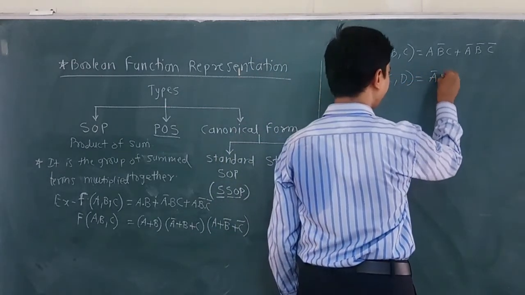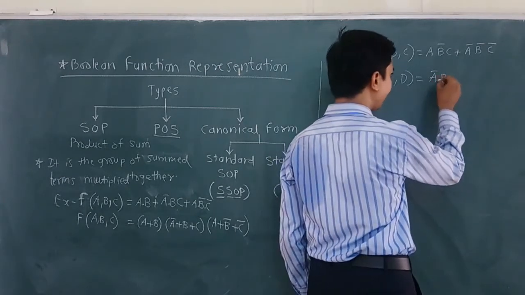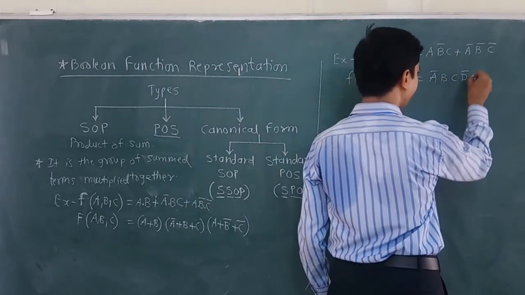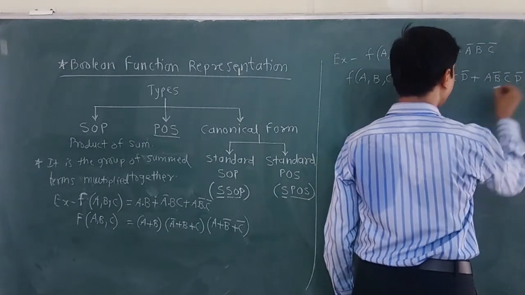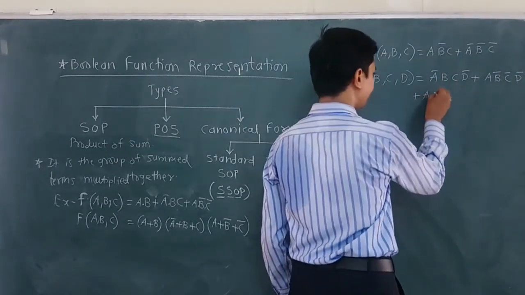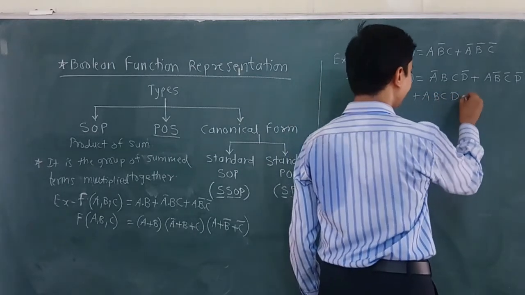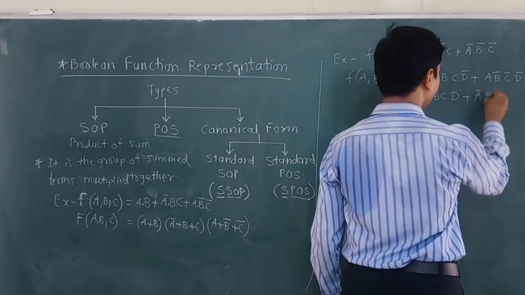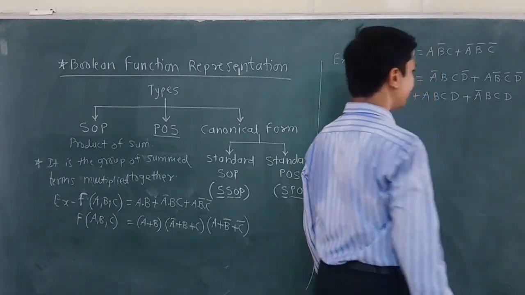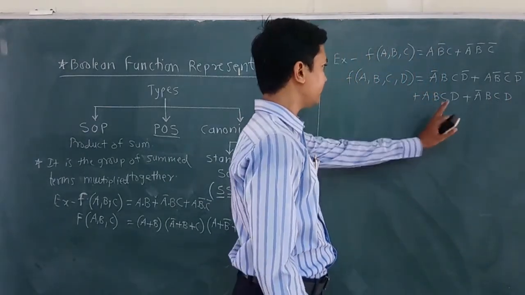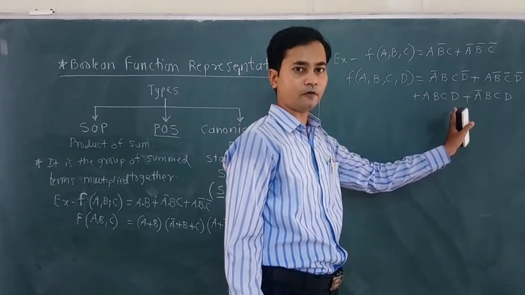A bar B C B bar plus A B bar C bar D bar plus A B C D plus A bar B C D. Okay, so again this is the standard SOP form.